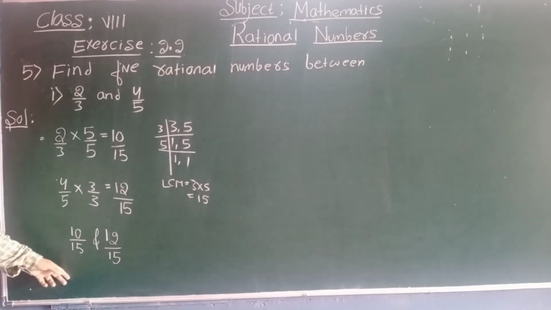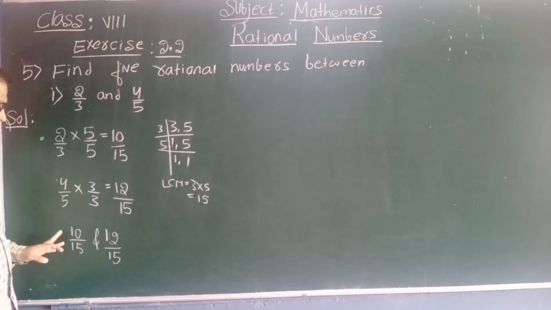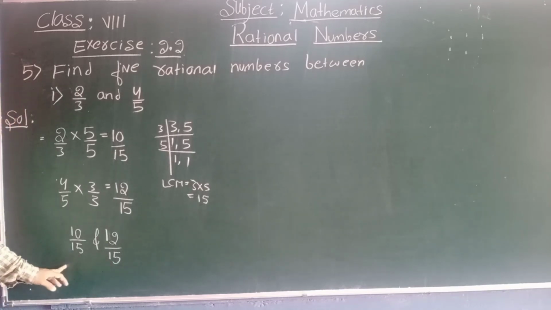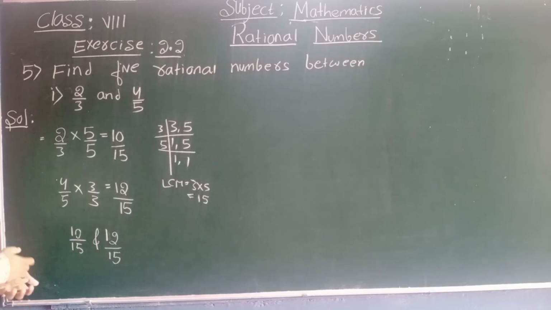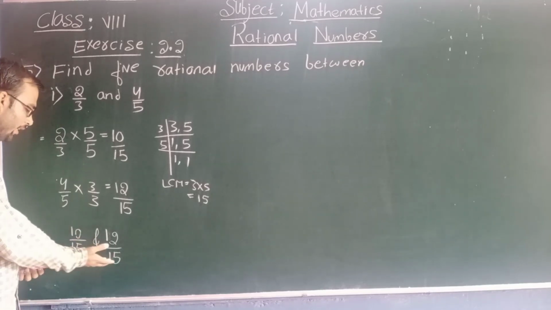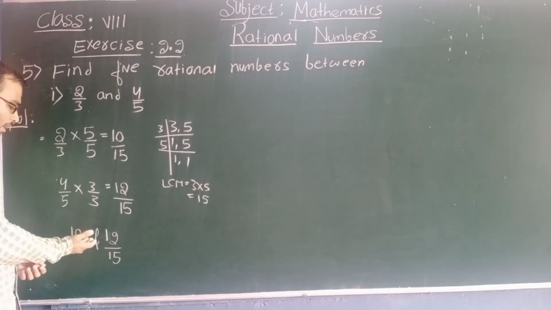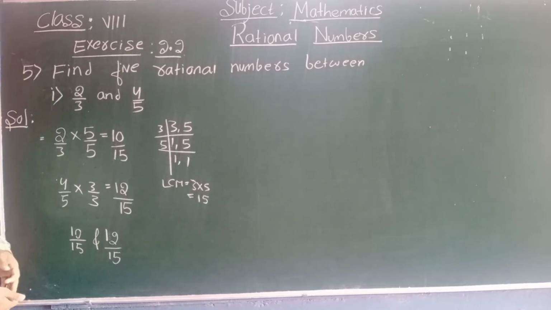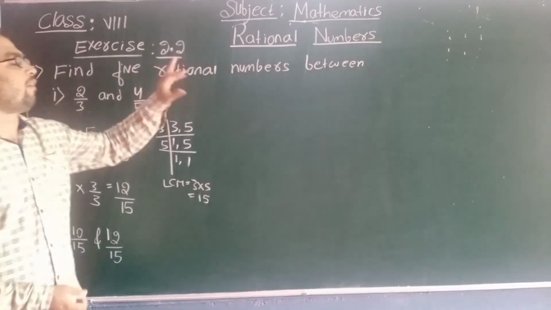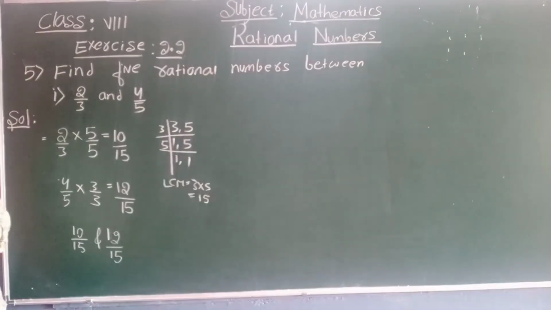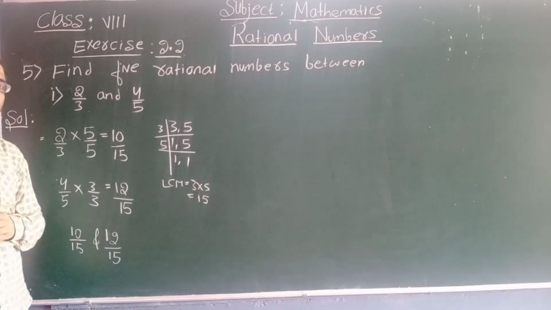So look here students, the denominator is the same, and look at the numerator now. 10 and 12 are there. So what numbers can we write between these two numbers? Only 11. As the denominator is the same, we can write only 11 by 15. But look at what they have given: find 5 rational numbers. So we need to find 5 rational numbers, not 1.